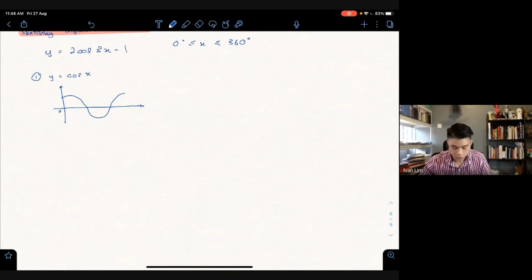Okay, let me draw again. 90, 180, 270, 360, and then 1 and -1. So these are the significant points that you all need to show.